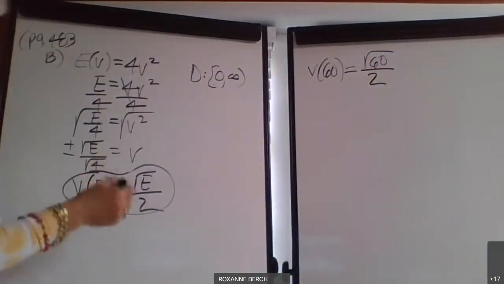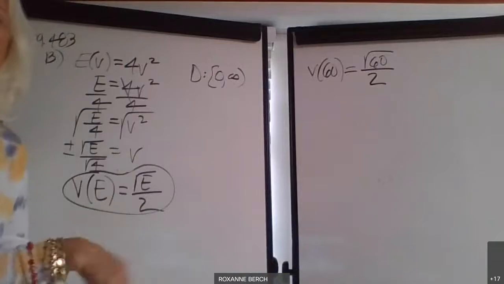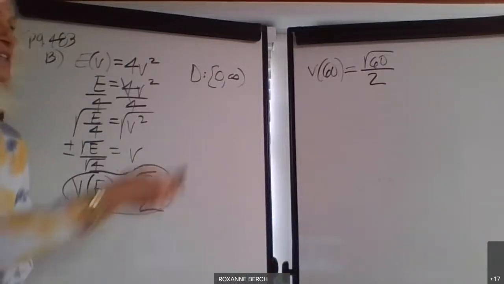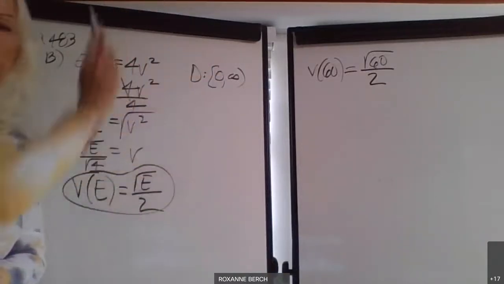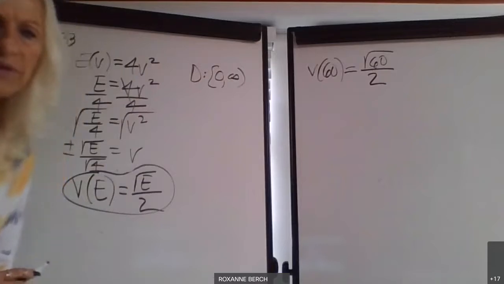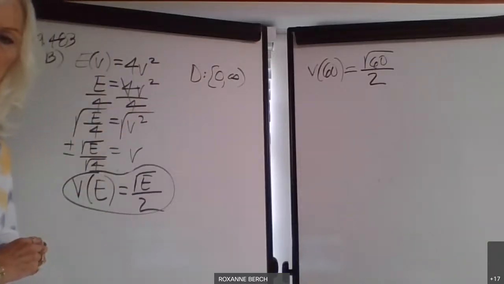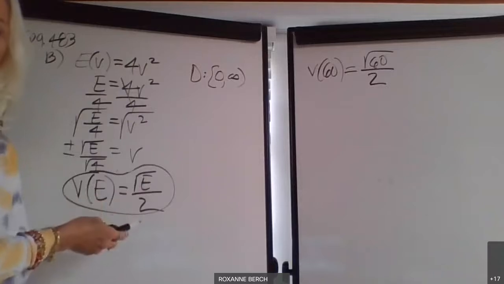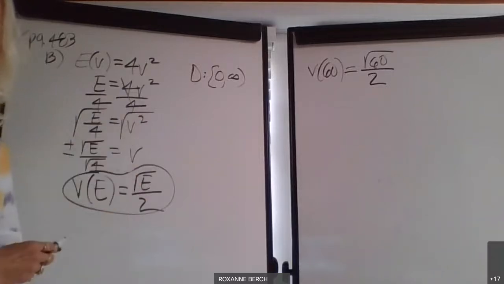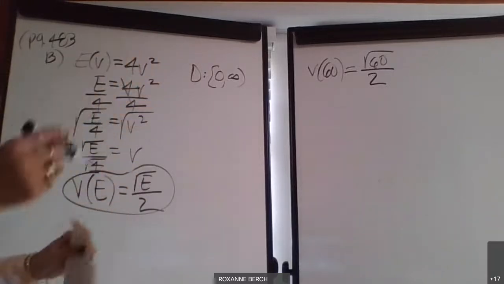Now, let me just say this. The reason why these formulas are so valuable is I could put 60 joules in, I could put 120 joules, I could put 1,000,000 joules, I could put 5 joules, I could put 3.5 joules. So that's the beauty of a formula. It can be reused for different, in this problem, different joules.